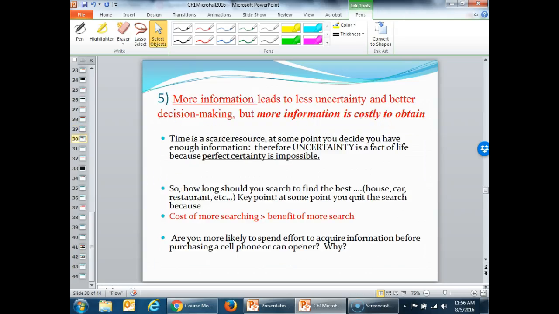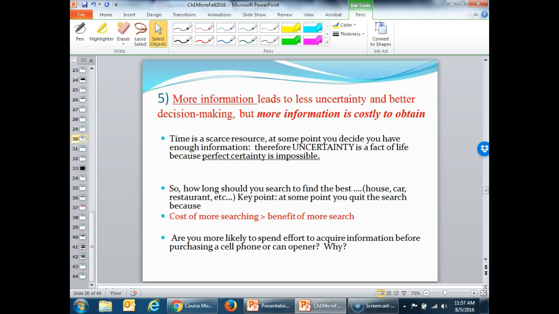All right, more information. We do like more information as consumers. We do not like uncertainty, okay? Humans, that's kind of another underlying assumption, that we don't really like uncertainty. In fact, we'll pay to avoid uncertainty. So we're going to pay with our time. Let's just say I'm going to try and find a new house.